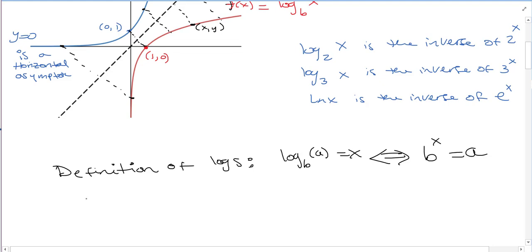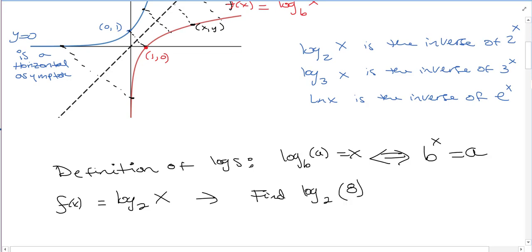So with, say, y equals log base 2 of x, our function, let me give it a function notation here. If this is the function, then how do I find some values? Find log base 2 of, say, 8. How do I find that?